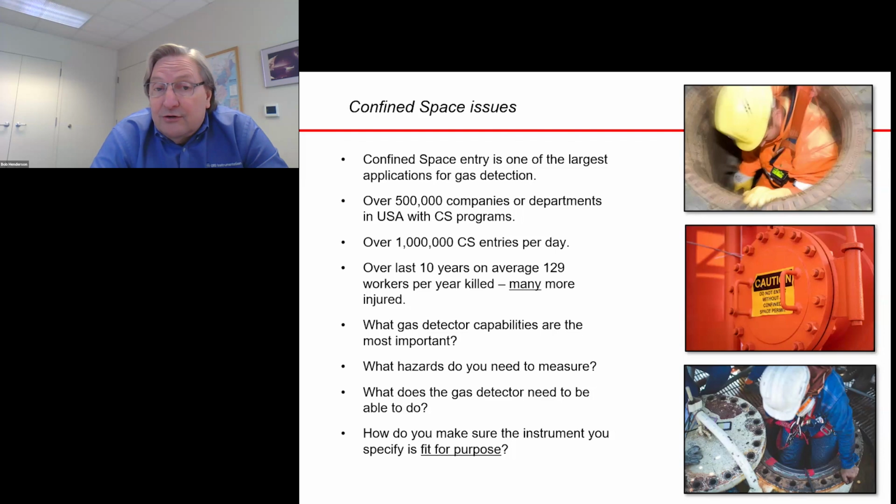Over the last 10 years, on average, something like 129 countable OSHA confined space fatalities are documented. The true total is probably larger because OSHA only counts the fatalities and accidents in categories where they have responsibility. So if an accident or a fatality occurs outside of the scope of OSHA, it's not part of that count.